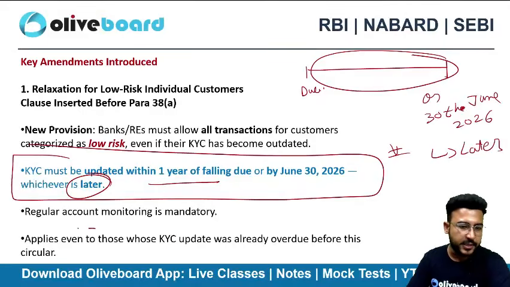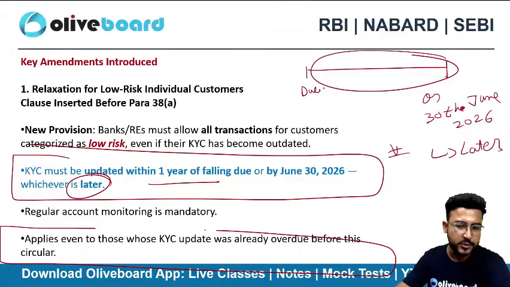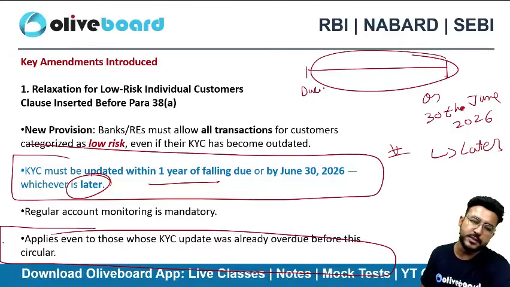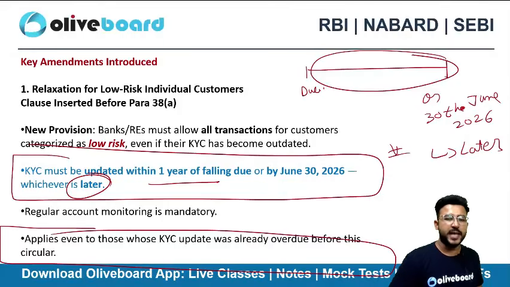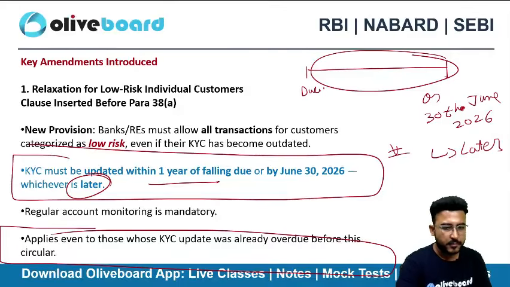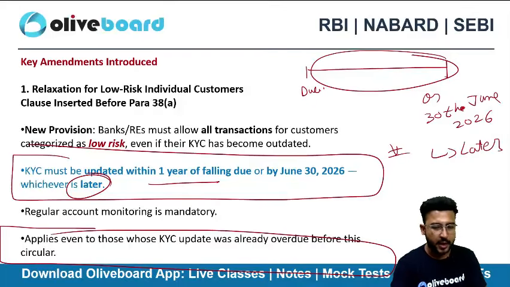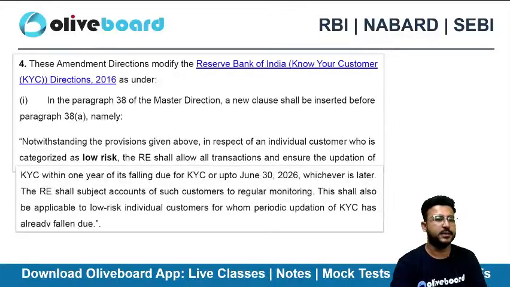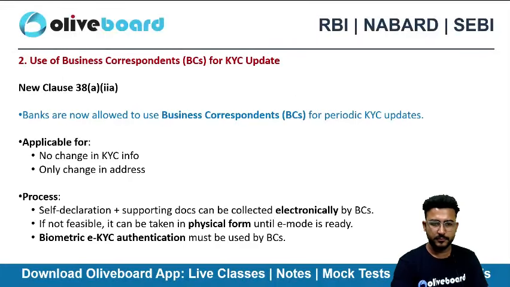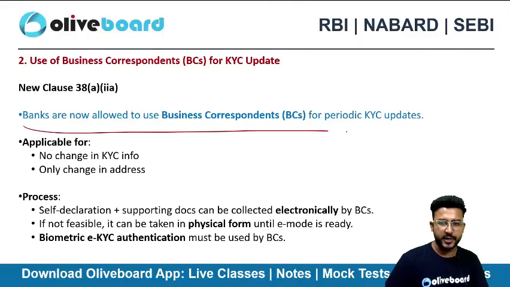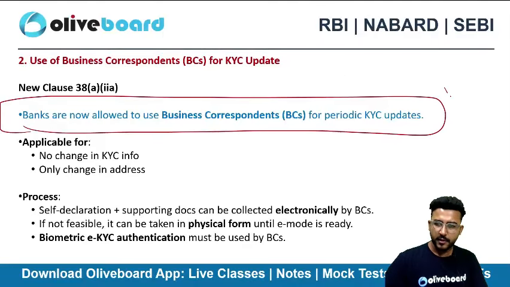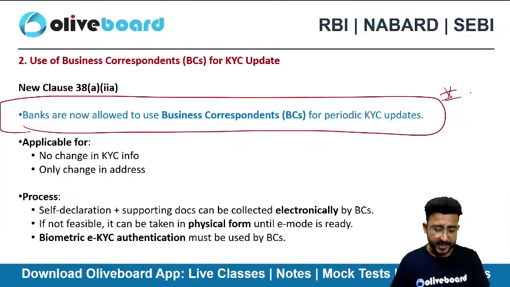This applies even to those whose KYC update was already overdue before this particular circular. Doesn't matter, it applies to you as well. Even if your KYC was already outdated, you also need to comply with this particular provision. Then again, banks are allowed to use business correspondents as well for the KYC updates.